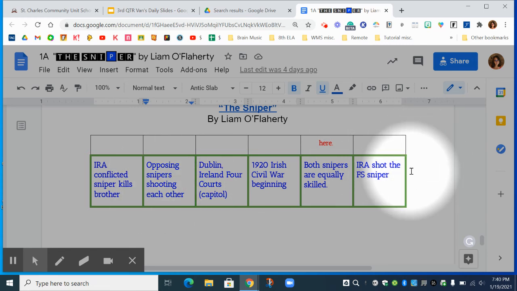So what you're focusing on are compound sentences and complex sentences. We haven't covered compound complex sentences yet, but if you want to get creative, by all means, compound complex sentences.